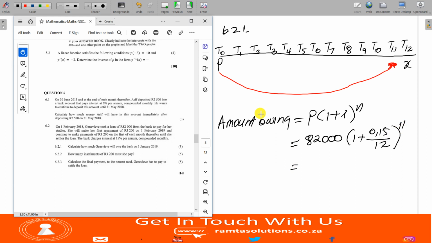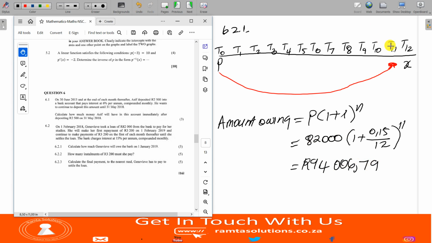Okay, now what are we getting? We are getting 94,000. Is it 94,000? Yes, it's 94,000 and 6 rand, my mistake. 94,006 rand and 79 cents, right?